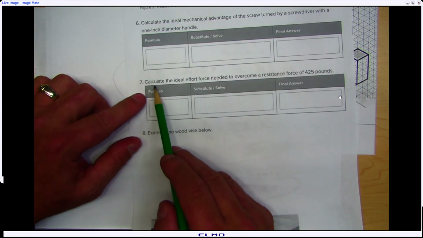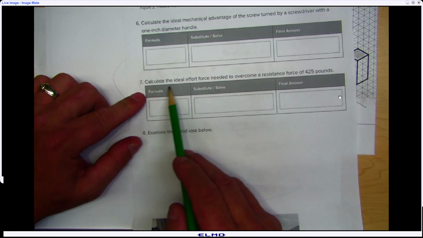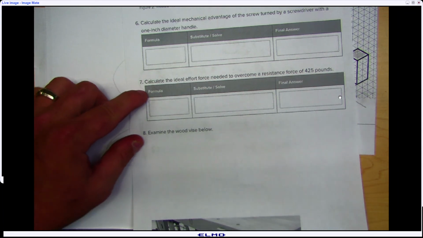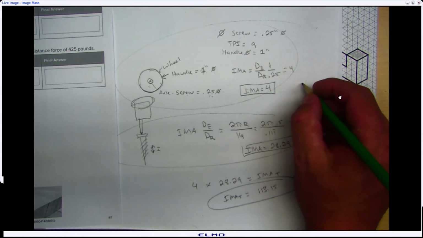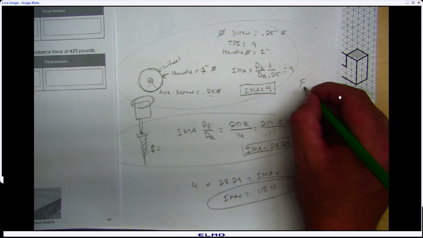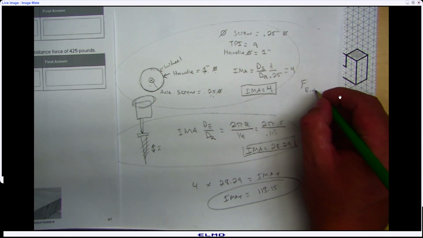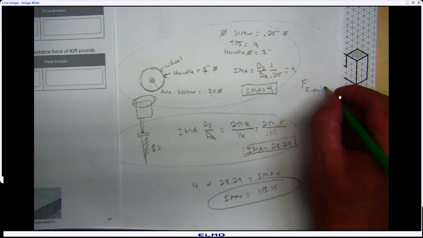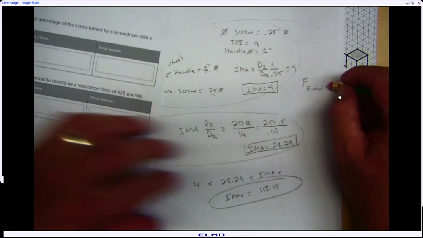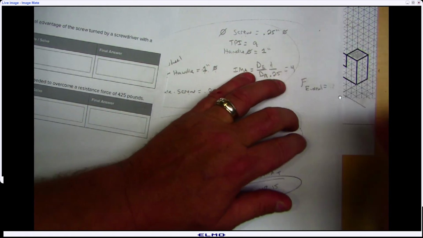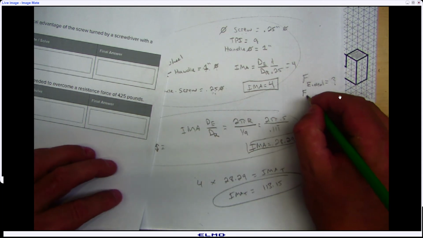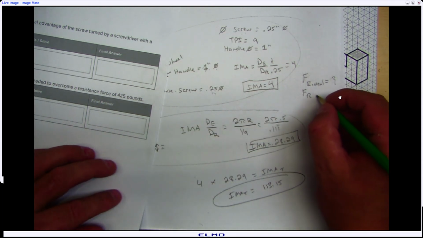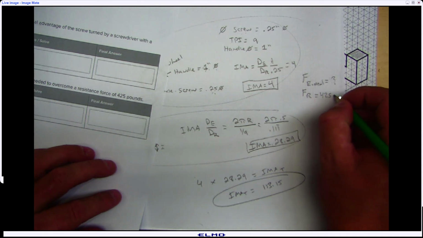The second question, which should be very simple, asks: what's the ideal effort force needed to overcome the resistance of 425 pounds? We're solving for the ideal force of effort. What is that if the force of resistance is 425 pounds?